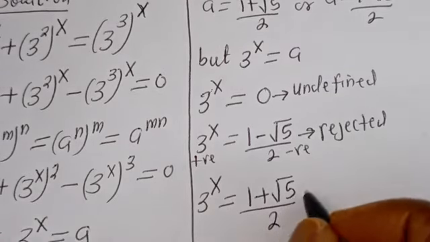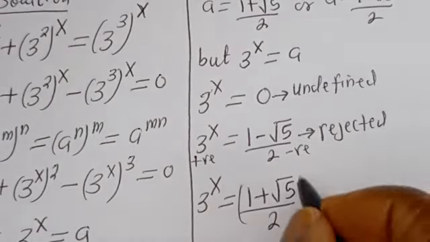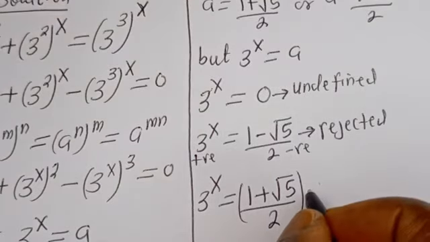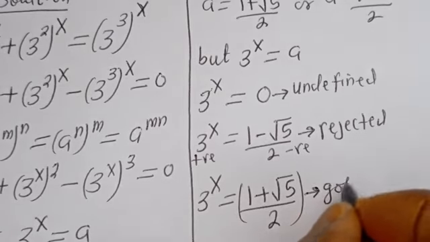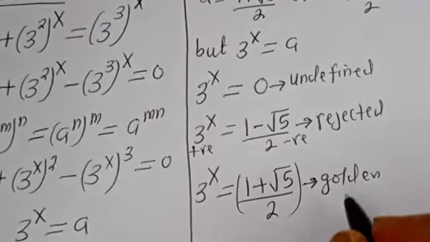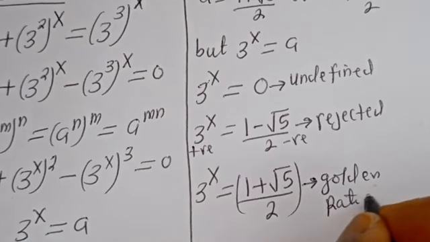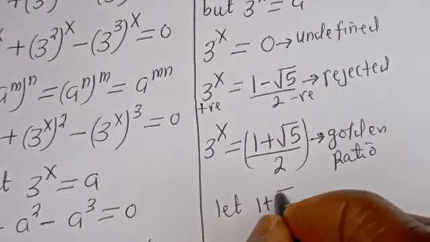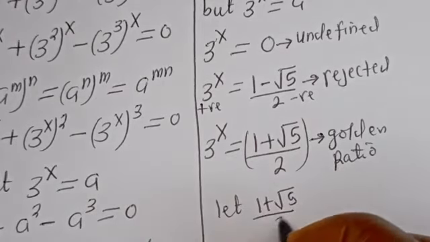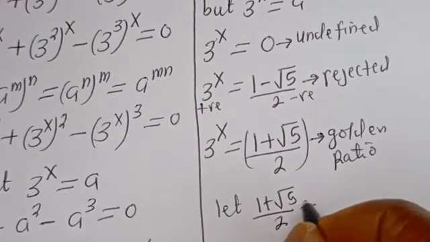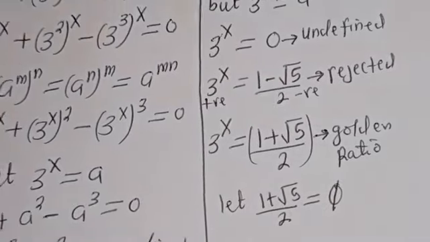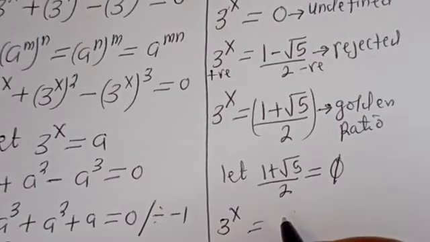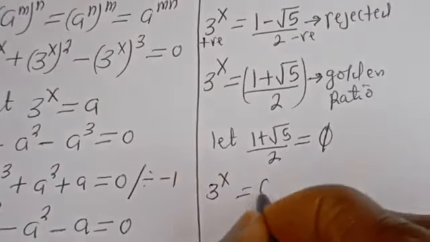So this is the real solution, and the whole of this is called the golden ratio. From here, let 1 plus root 5 divided by 2, which is the golden ratio, be equal to phi. So we have 3 to the power of x equal to phi.